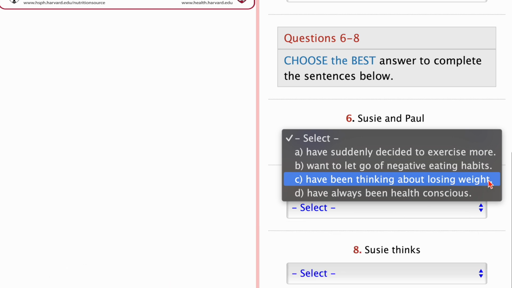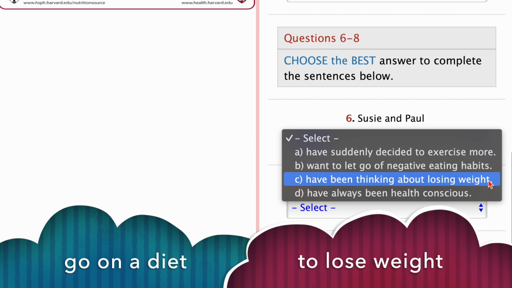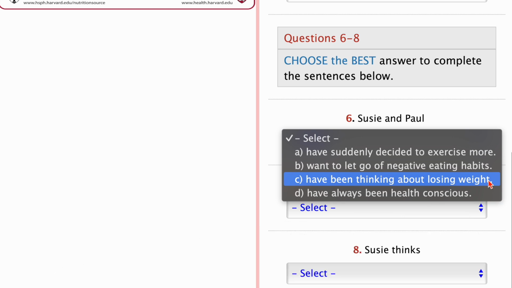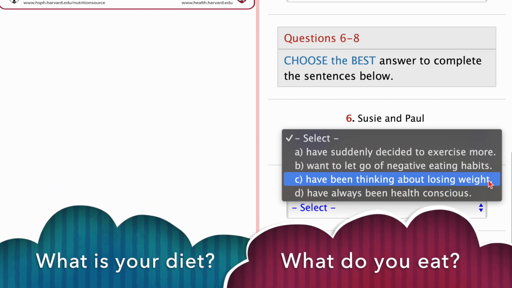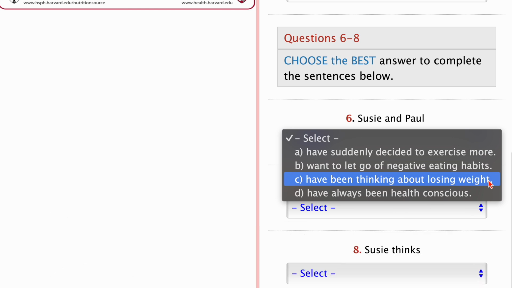Now, don't confuse I'm going on a diet to lose weight. Diet to lose weight is one thing. What is your diet means what do you eat? Okay? So here, they're not talking about losing weight.